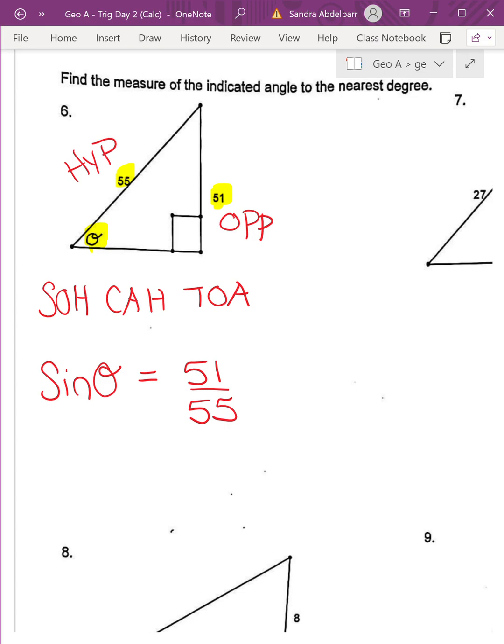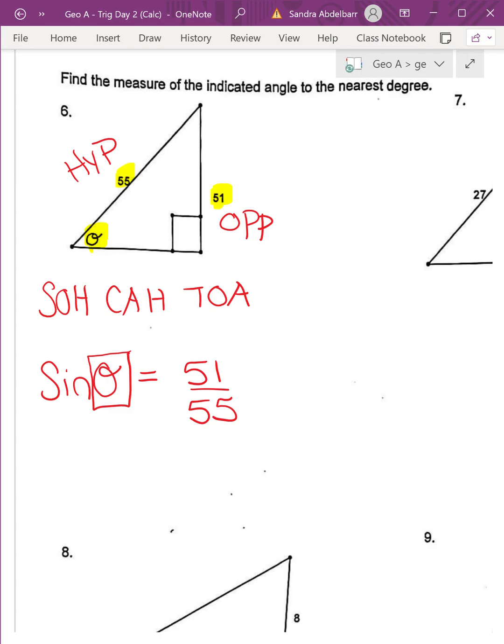Everybody okay with how I got this? Great. So now I'm solving for the angle, theta. In order to solve for the angle, I need to get rid of sine. But am I allowed to just divide sine by itself if it's not with an angle? No, because sine always has to be with an angle.